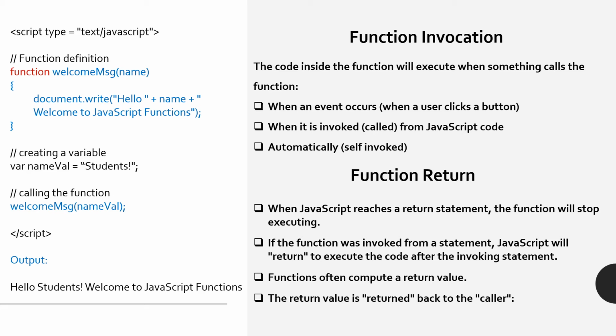So the content is Students. Hello students, welcome to JavaScript Functions. That is how it will reply. So you got the idea, right? The calling function is there, and this is the actual function we have defined.